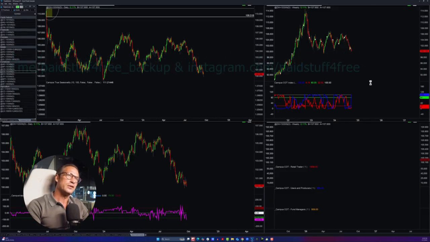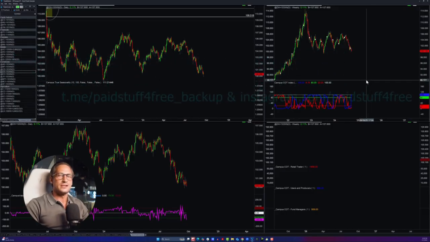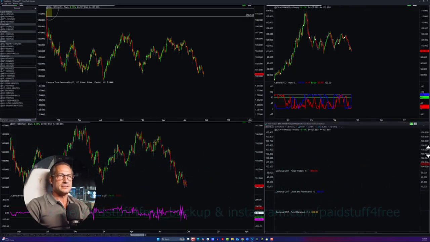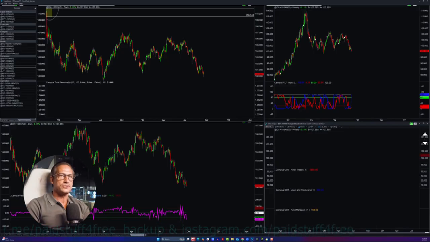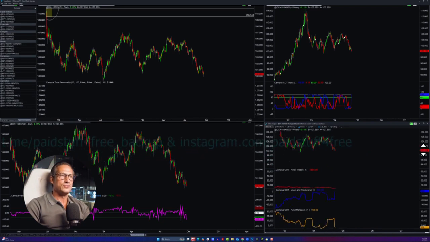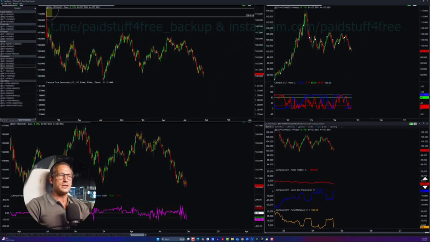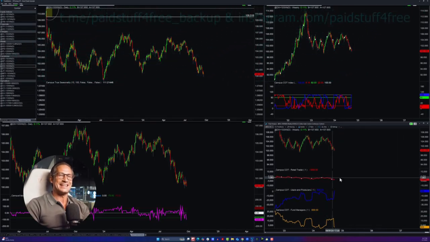The US dollar is not a currency, it's a basket full of currencies, and the dominant driver of that basket is the euro. Roughly 70% of that basket is the euro, and that's why we have a negative correlation. So I'm also obviously very interested to see what the dollar is doing in this case.